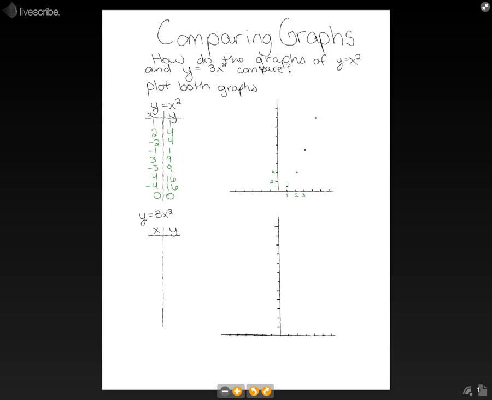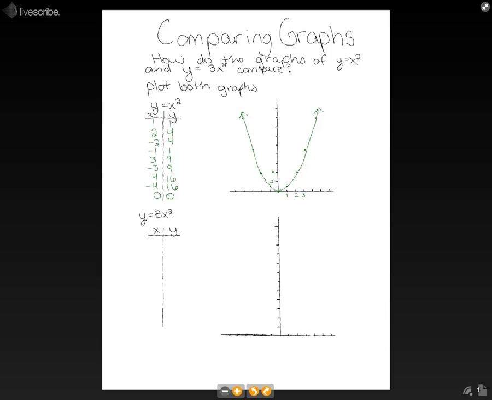Now we're going to fill in our negatives, which are essentially going to be the exact same, just on the negative side. If we connect our points, we'll see that we get a rough shape of a parabola. It may not be entirely perfect since I'm doing this by hand, but just a general shape here.